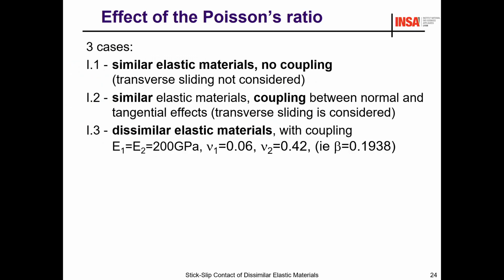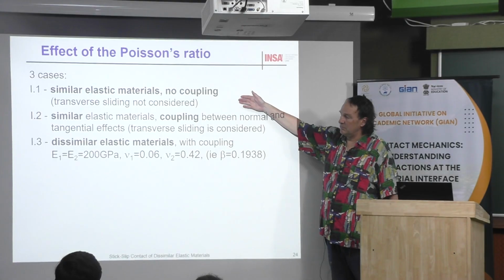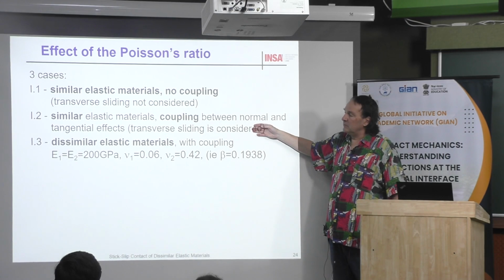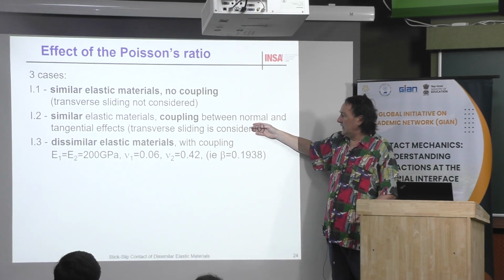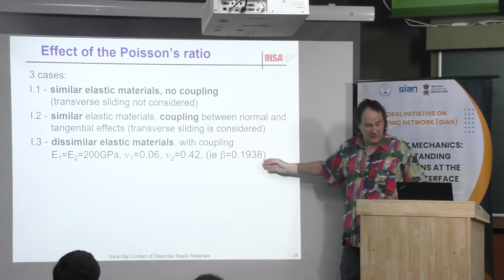Okay, let's have a look at the effect of the Poisson ratio for the same situations. Then no coupling, but you have the same materials. Coupling, but you have the same materials. And coupling when you have different materials.